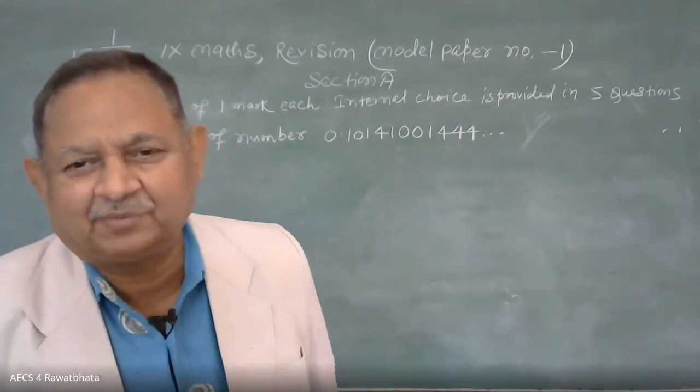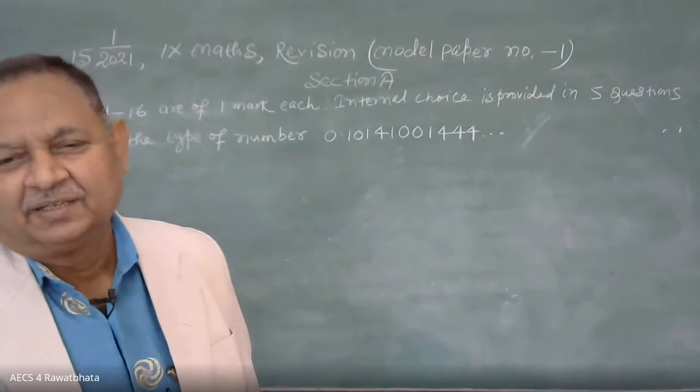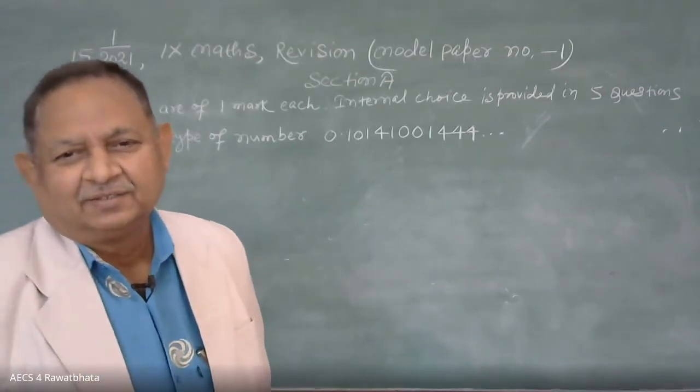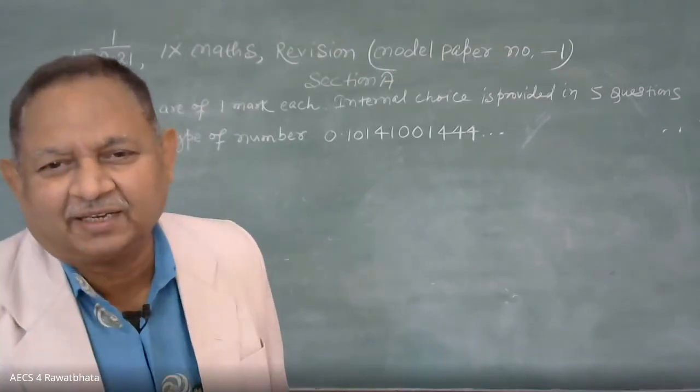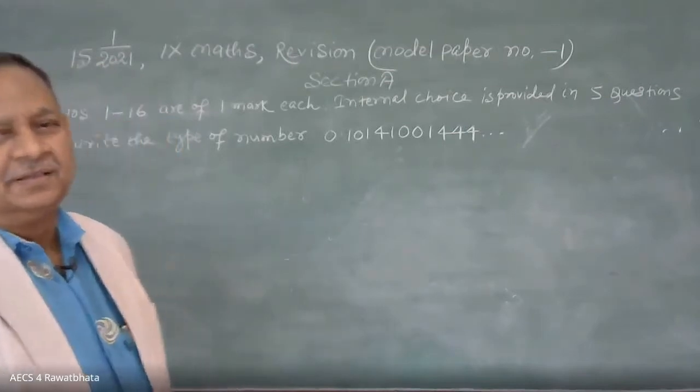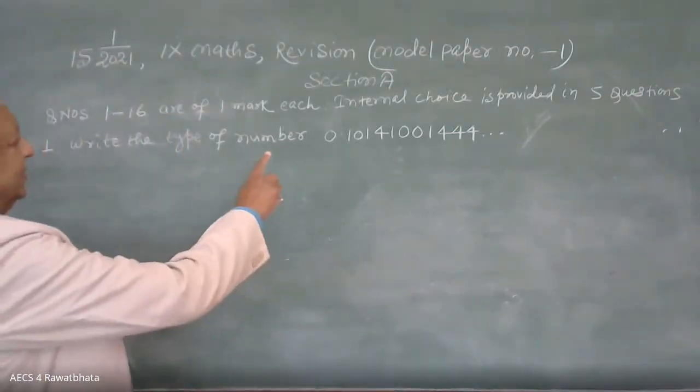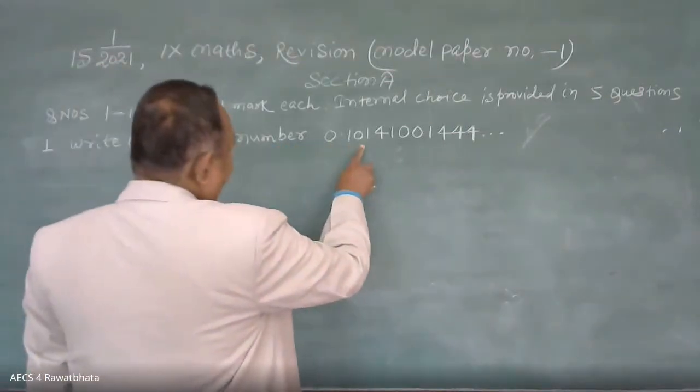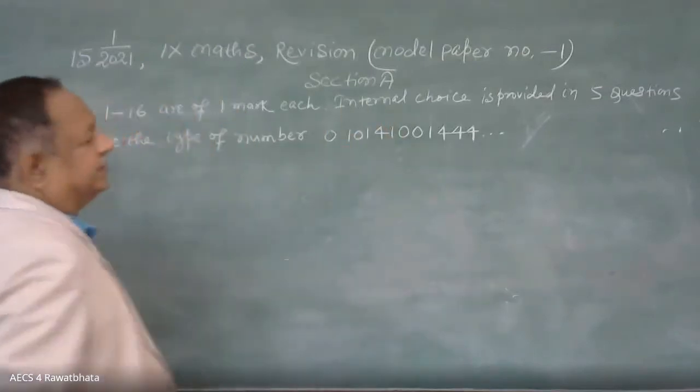Irrational. Neelam Sisodia, Garvit Sharma, irrational. Okay, irrational. So, this is non-terminating, non-repeating decimal.